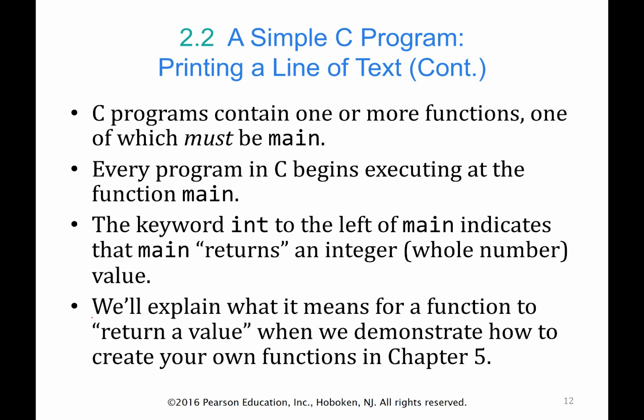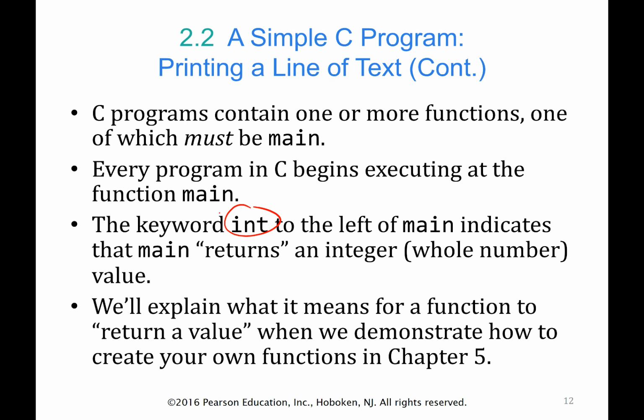C programs must contain 1 or more functions, one of which must be main. I've already said that. Every program, this just repeats. The word int to the left of main means that main returns an integer back to the calling routine. Main does not need to return anything.